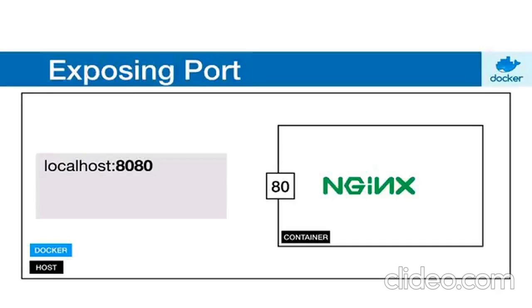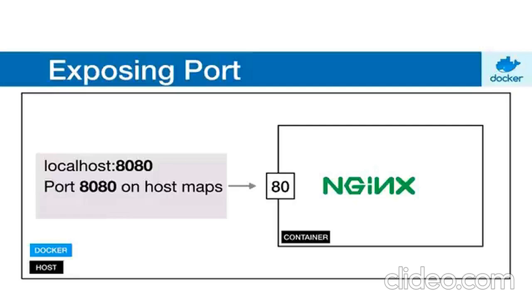We want to be able to go to our web browser, type localhost 8080, and then that port 8080 should be mapped to port 80 on the container. So basically we want to go from the host to the container.